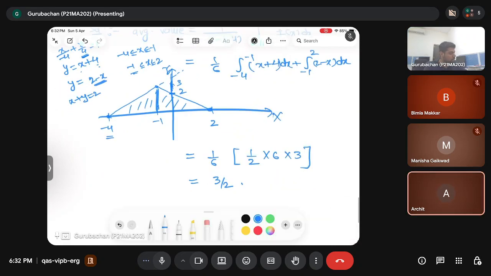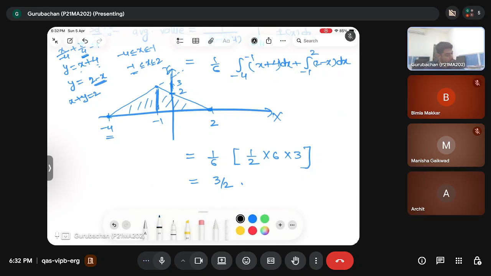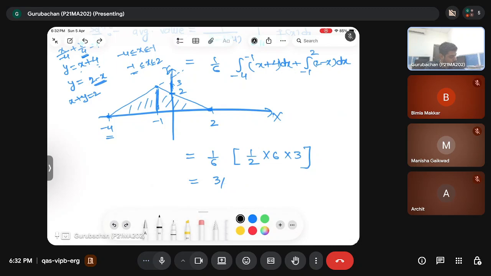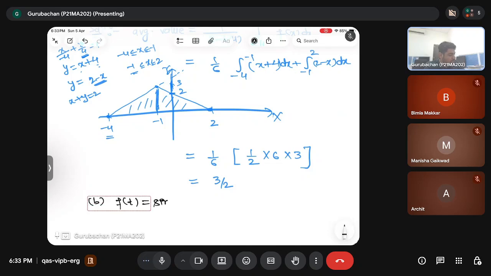Yes, sir. Next one is a bit easy, I guess. So B part is f of t is equal to sine t on the interval 0 to 2 pi.